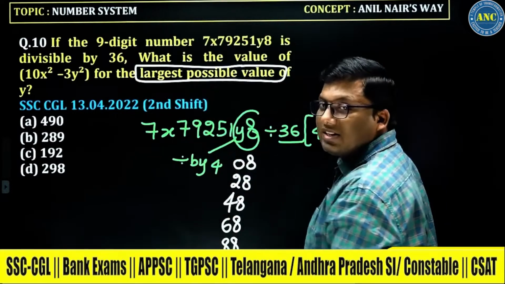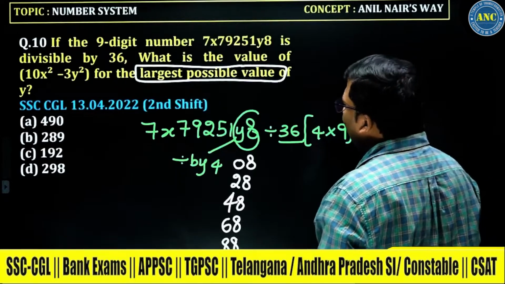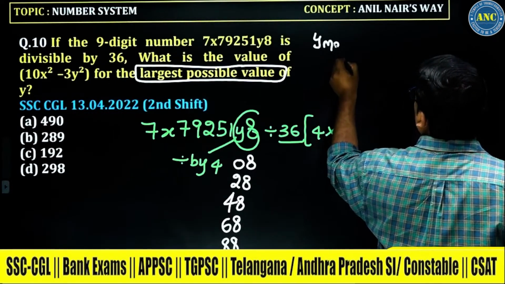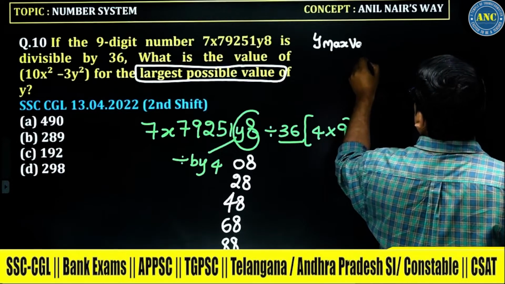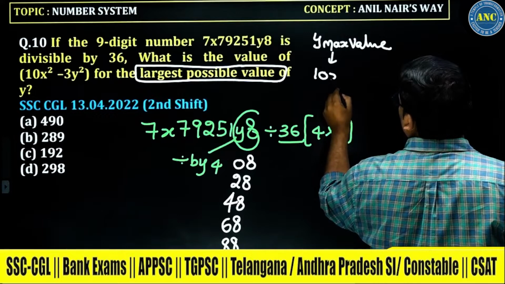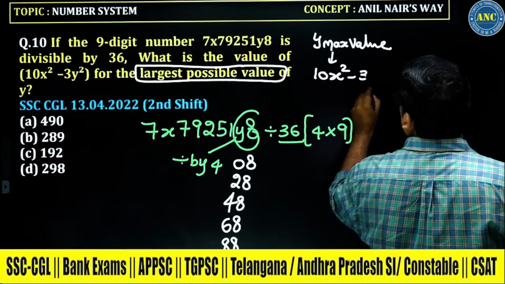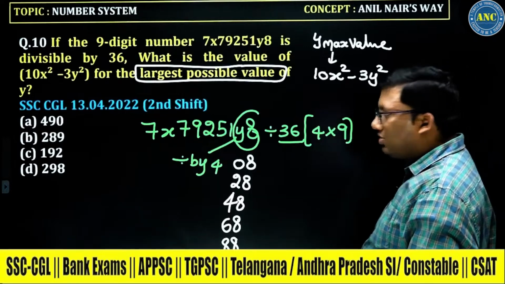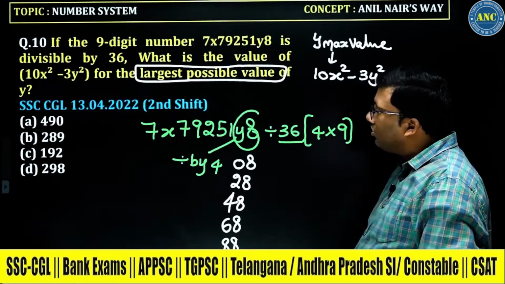For the largest possible value, we have to take the y maximum value, and then we need to find out the value of 10x square minus 3y square.